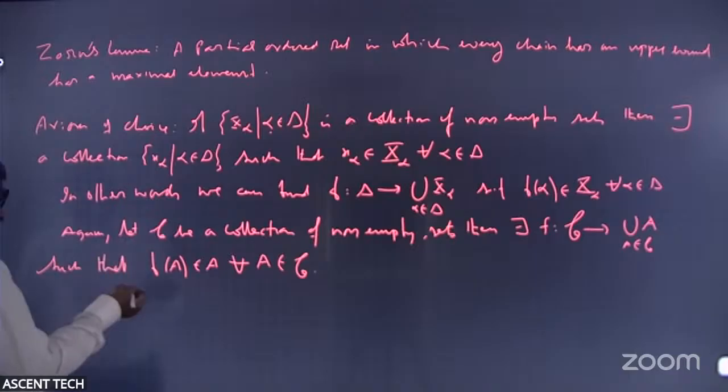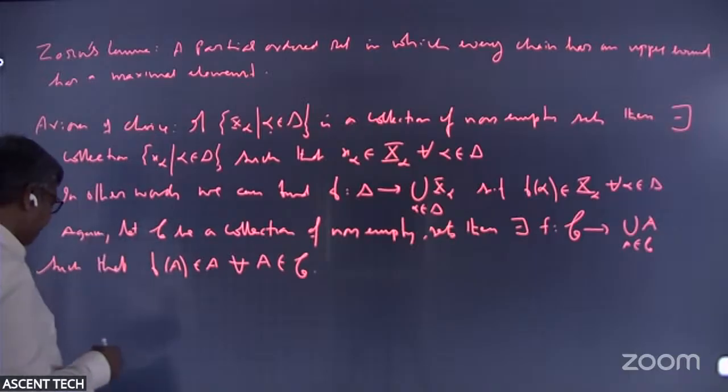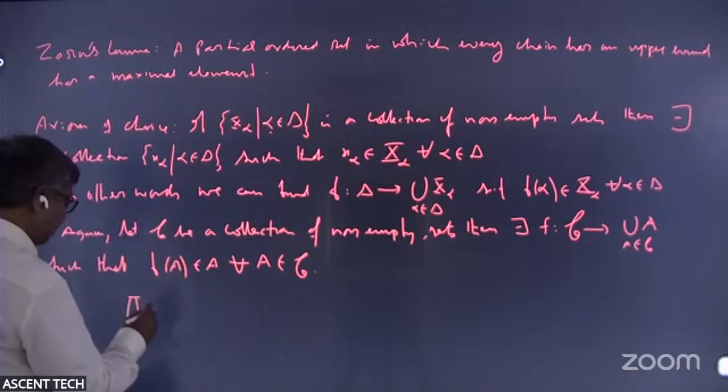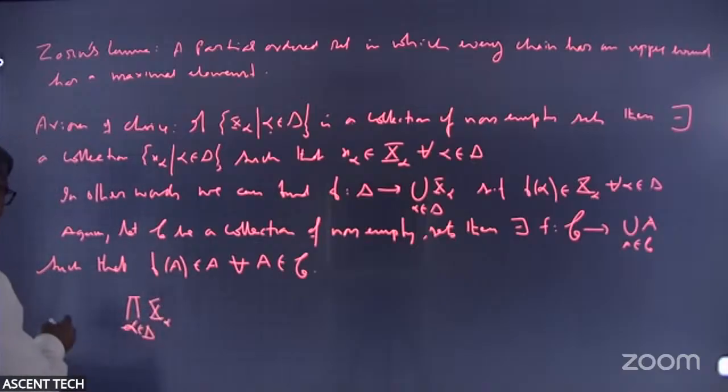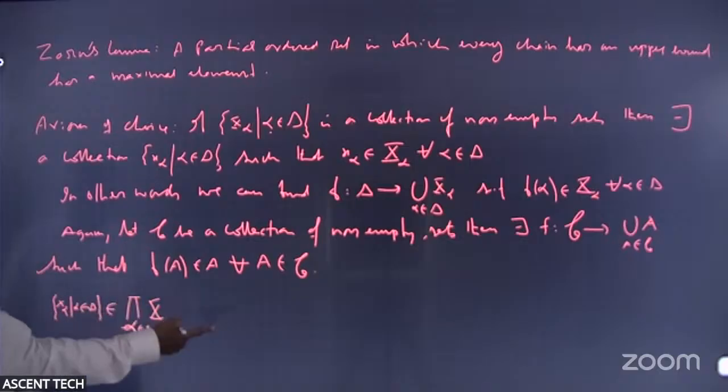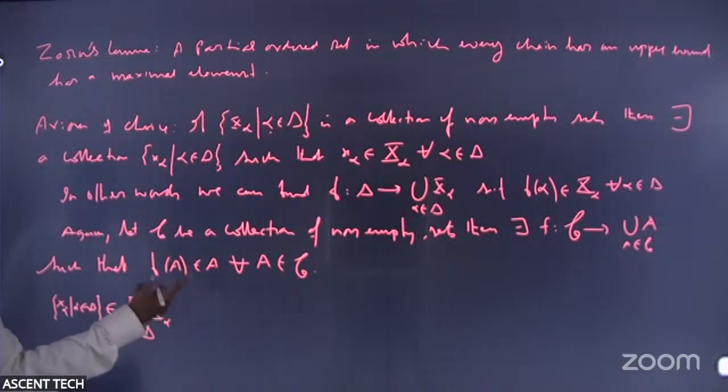Also, we've been doing it already several times. The product of all X_alpha, alpha in delta, for example. What does this contain really? It contains some family like this, x_alpha, alpha in delta. This is a member of that. That means small x_alpha belongs to capital X_alpha for each alpha in delta. So in other words, you're saying that this entire product has at least one element. So this is non-empty. Why is this non-empty? It has many, many elements anyway.